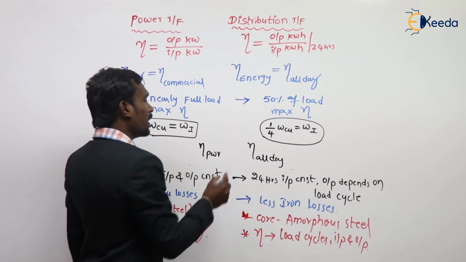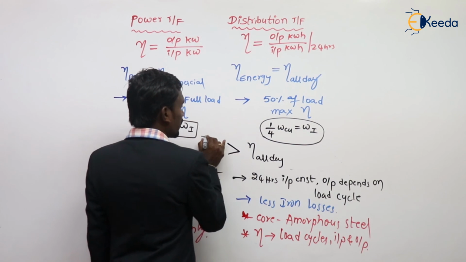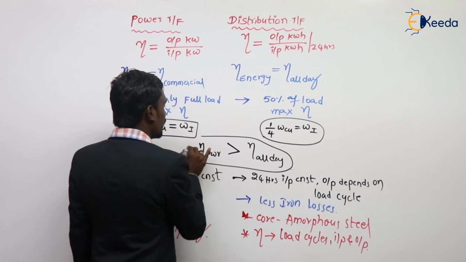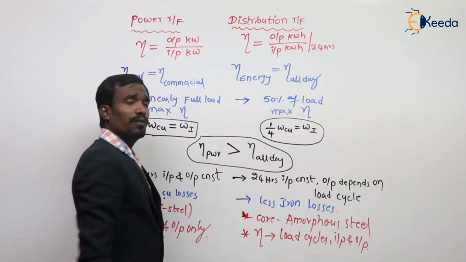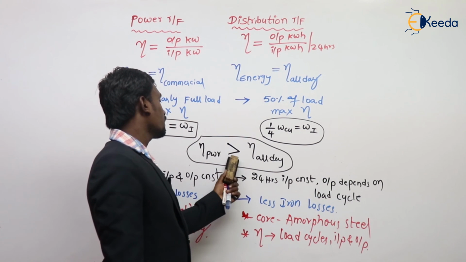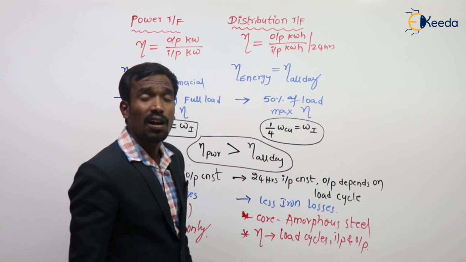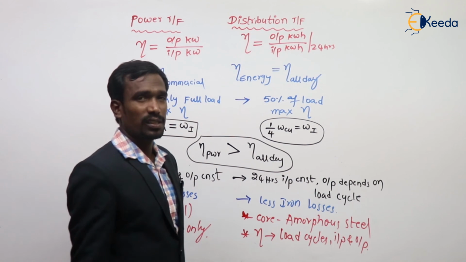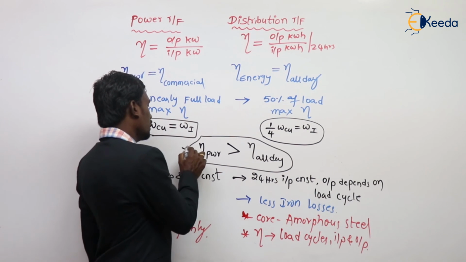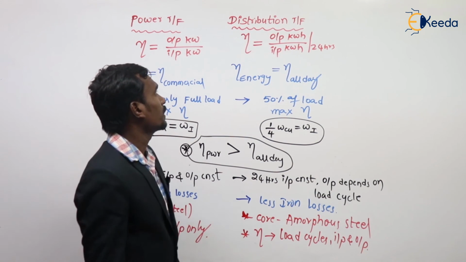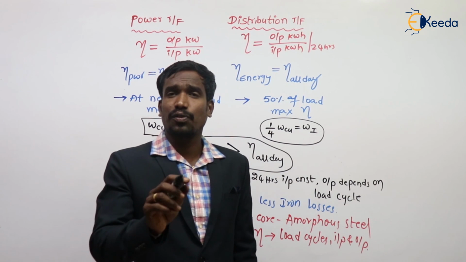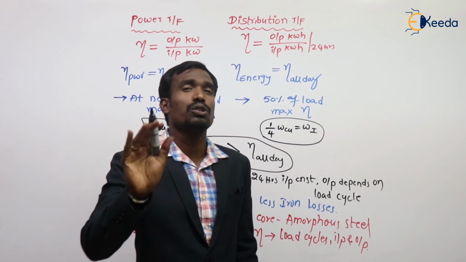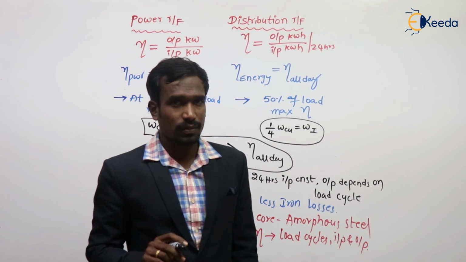Always for the same rating, the power efficiency is greater than the all day efficiency. This is the final point, very important. These are the differences between the power transformer and the distribution transformer. Are you okay?